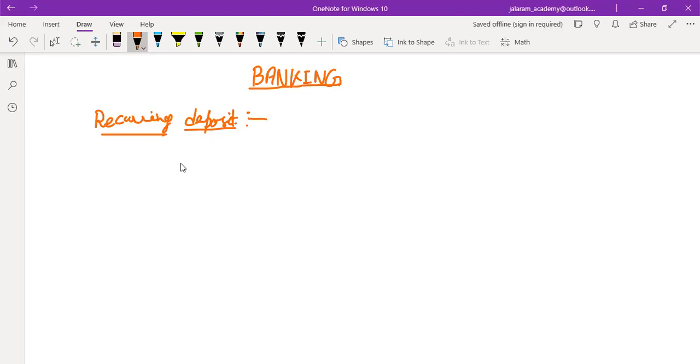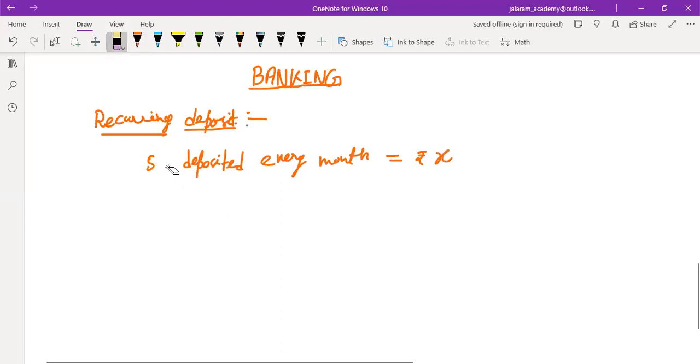So the amount which is deposited per month, if we denote it by X, we say sum deposited every month equals rupees X. So first of all we have assumed that the sum of money deposited every month is rupees X, or we can call it the installment per month also.